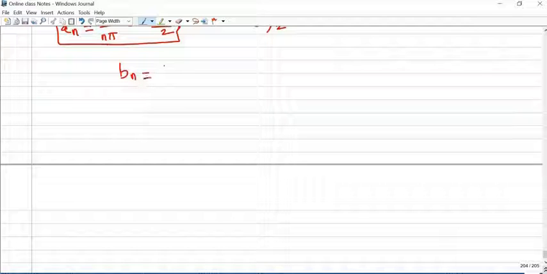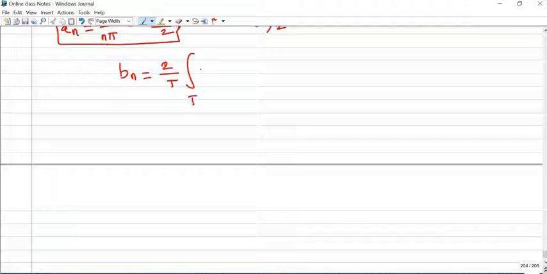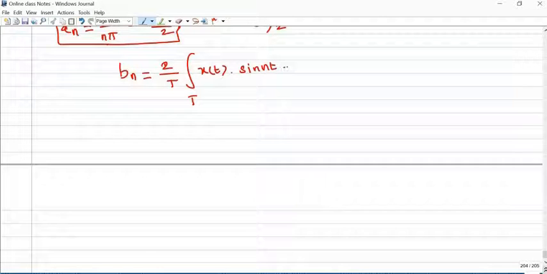The formula for bn is 2 divided by the fundamental time period, integral over the time interval of x of t sin n omega naught t dt.